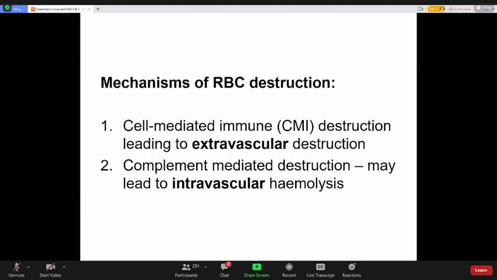So these are the two mechanisms. Cell-mediated destruction usually leads to extravascular hemolysis within the spleen, while IgG and IgM antibodies usually activate complement, and this leads to intravascular hemolysis.